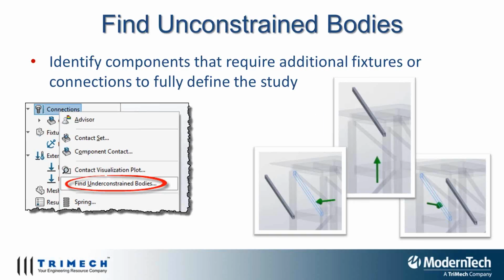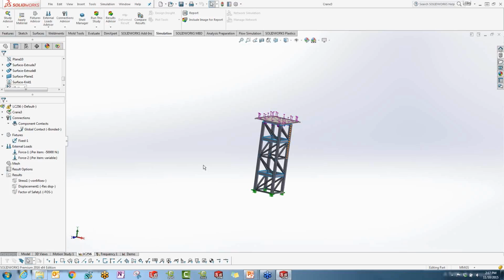And what that means is essentially the number of fixtures or the contact definitions defined in the model are not sufficient. So in 2016, SolidWorks took a really nice, really slick approach to solving this problem. Basically, the user can now identify the bodies which are unconstrained and then either apply fixtures or contacts to reduce or negate the effects of free body motion of these individual components.